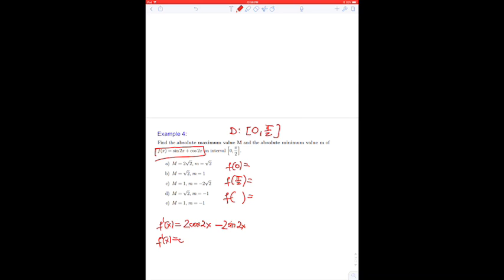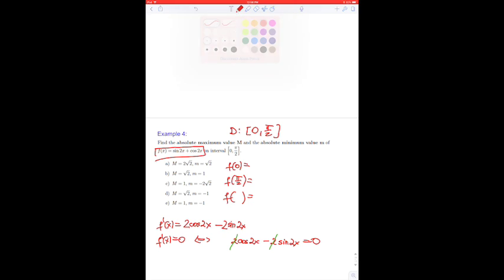Derivative of cosine of 2x is negative sine of 2x times 2. Derivative is 0 if and only if 2 cosine of 2x minus 2 sine of 2x is 0. Of course I can divide by 2. I was thinking about the tangent function.